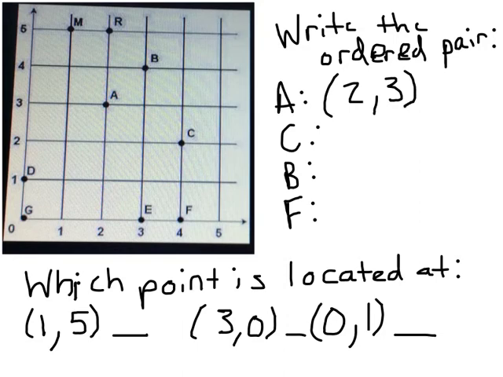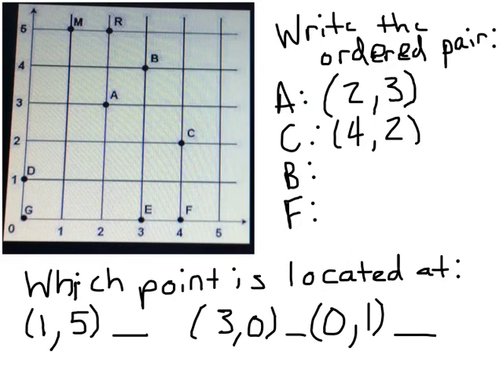Now you try one. What is the ordered pair for point C? When I find the ordered pair for point C, I can see that it's 1, 2, 3, 4 over on the x-axis, and it's 1, 2 up on the y-axis. The correct ordered pair for point C is 4, 2.